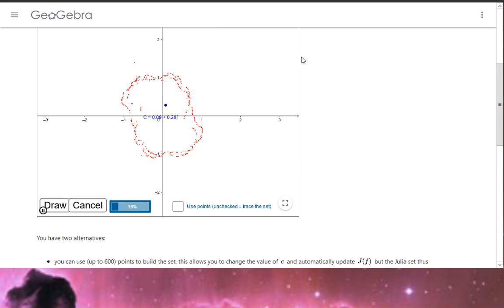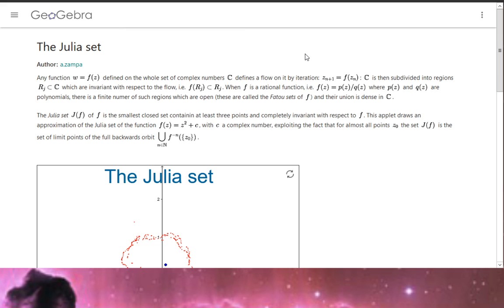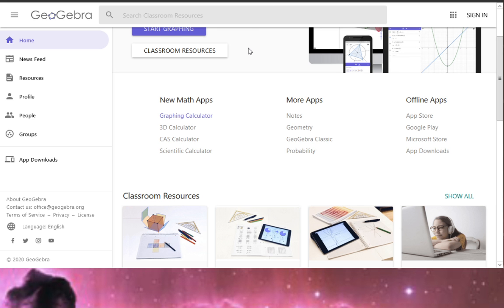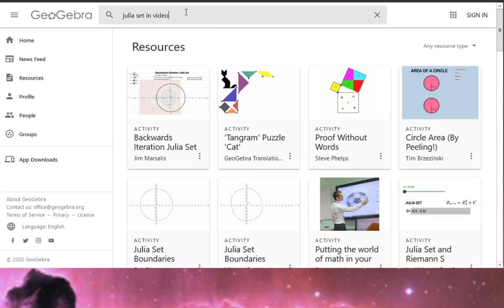This is not the graph I was looking for. Backwards iteration Julia set.